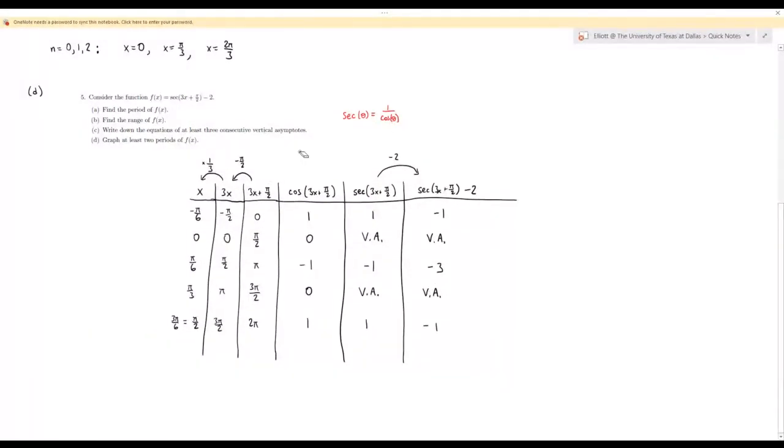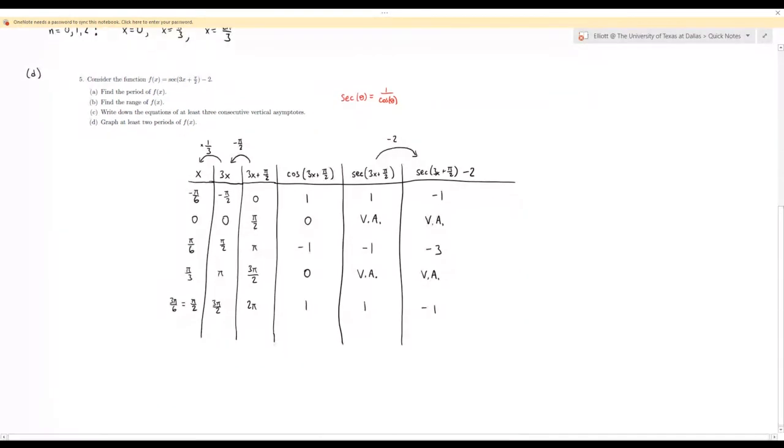You can jump straight to secant as well if you're comfortable doing that. It's just for me personally, I like to insert that little step in between because I can think of cosine much more easily than secant. Got it. Okay. All right.